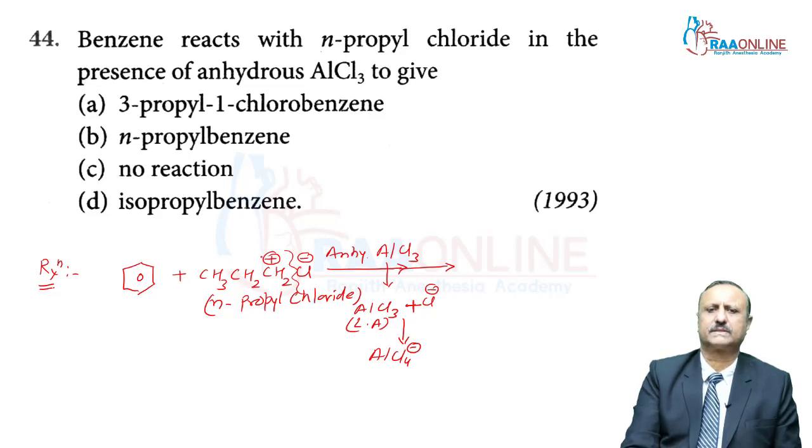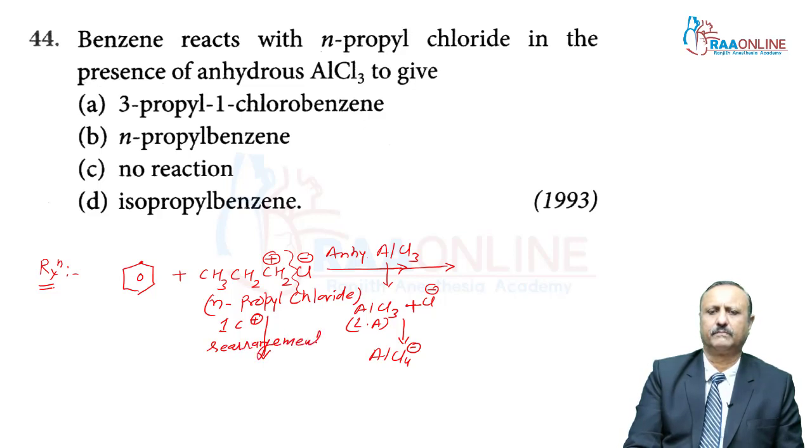Now my dear students, this cation is attached to this carbon atom. Here you can see this is the primary carbocation. If a primary carbocation is present in the reaction, it may be rearranged. Rearrangement may occur, my dear students, then this carbocation is rearranged.